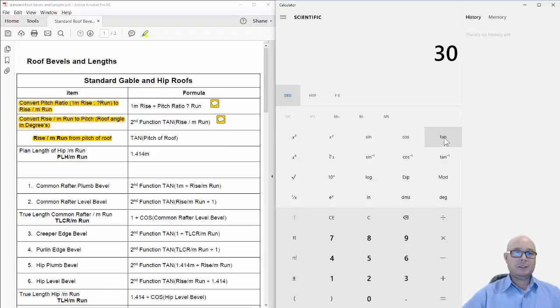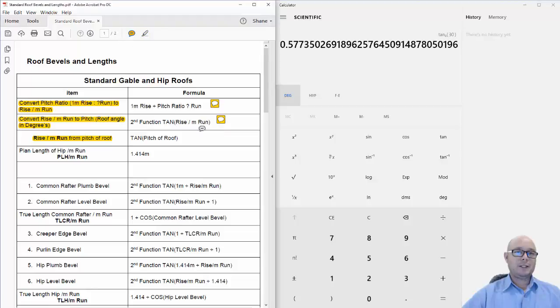And then I hit the tan button. It's just tan this time, not second function tan, and it gives me the answer of 0.577, which is the same as the rise per metre run, as it should be. So I'll put a sticky note on that as my answer, 0.577, and that is again the rise per metre run.